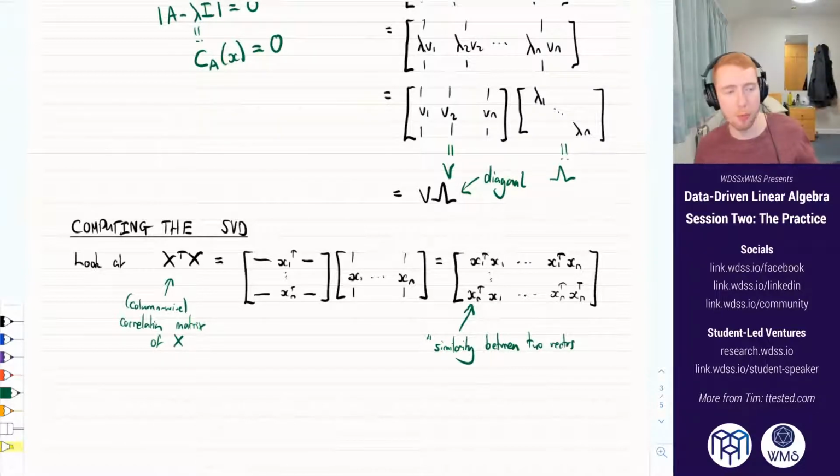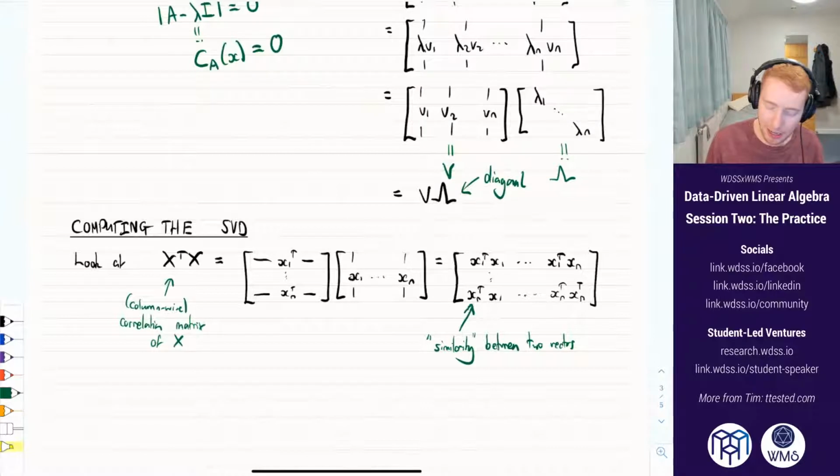When these numbers are very big, it means that the two vectors point in similar directions and so are quite similar. When it's negative, that means they point in really different directions. And so this is a matrix capturing all of the similarities between the different observations at different times.